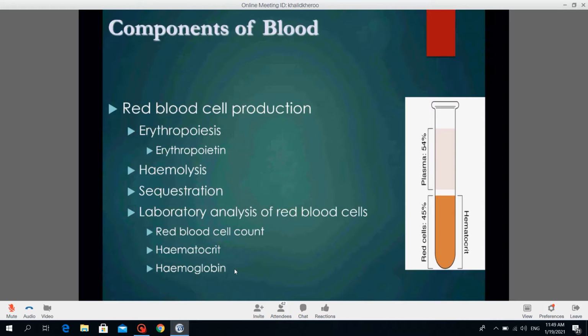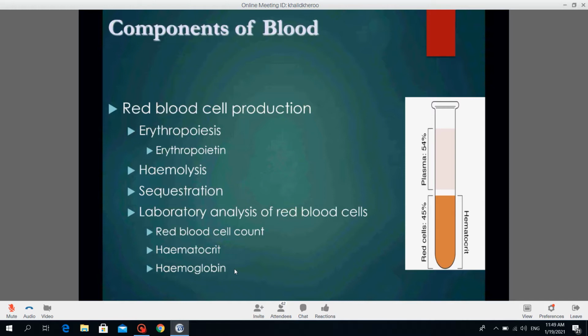To start with anemia: anemia is defined as a reduction in one or more of the major red blood cell measurements obtained as part of the CBC. In practice, we concentrate on the hemoglobin and the hematocrit to clarify whether there is anemia or not. The level differs according to the age and sex of the patient.